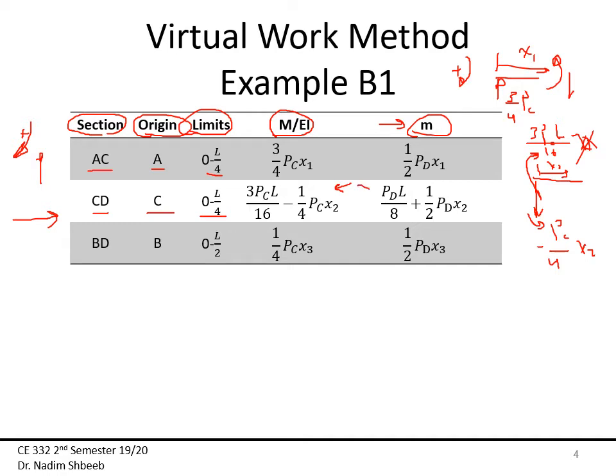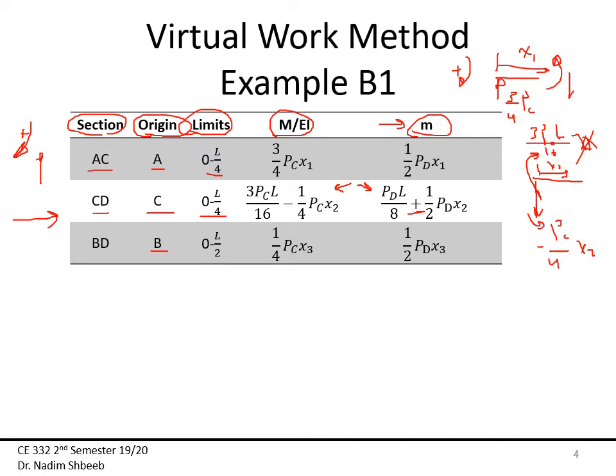And the same thing goes for the virtual system. Here the internal moment is PDL over 8, and because the force is in the same direction, which is giving me a clockwise rotation, that's why this is positive. Okay, now section BD is the same as section AC.